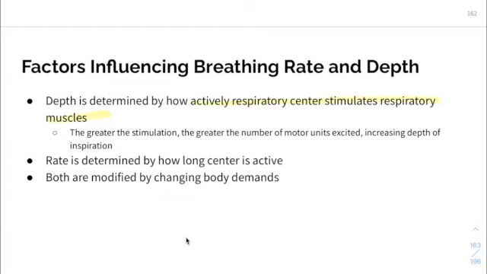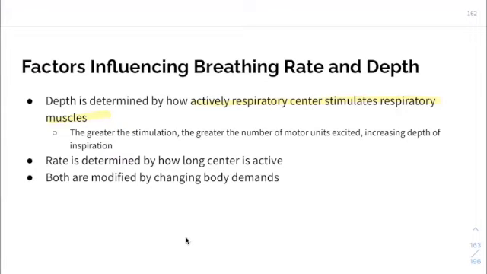The more stimulation, the deeper the inspiration. If you remember how nerves work, they send action potentials down to the nerve terminal, which is the end of the nerve that communicates with whatever it's communicating with.